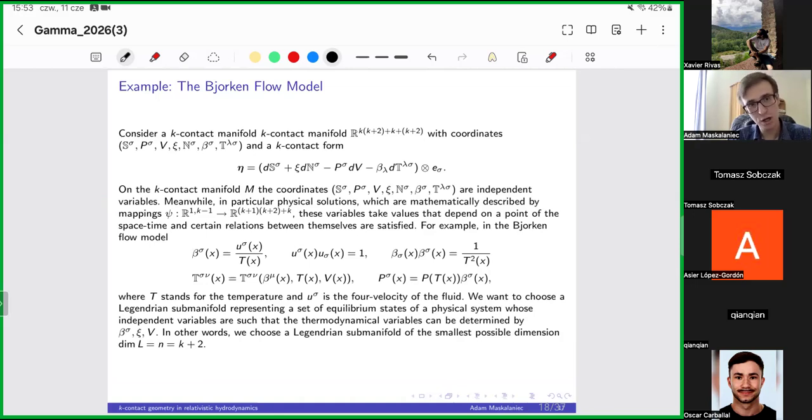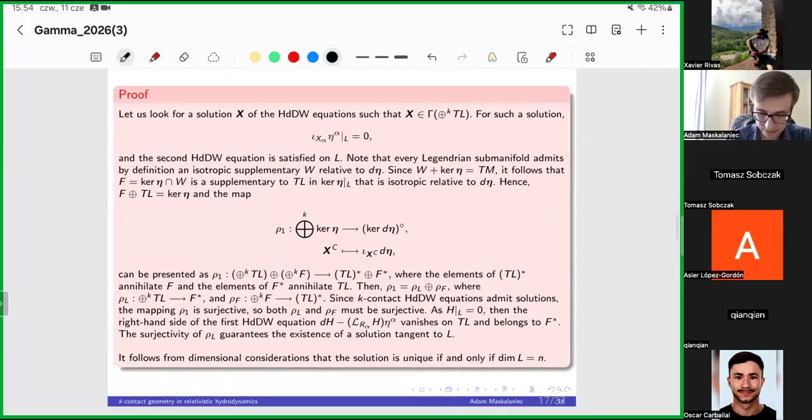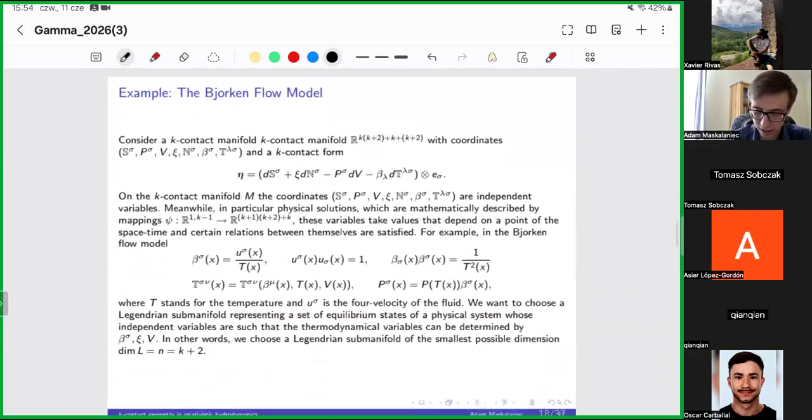It would be possible to choose a different class of manifolds that are necessarily isotropic submanifolds, but might be of different dimensions. Then, for example, solutions to some thermodynamic equations may not exist. And here it seems that the most probable and the most convenient choice for physics are exactly these Legendrian submanifolds of dimension equal to n.